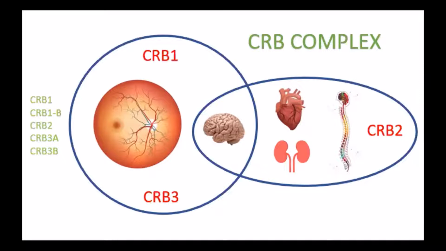Mutations in CRB1 cause visual impairment, as we know, and on the other hand, the CRB2 mutations are also associated with ventriculomegaly, hydrocephalus, and renal disease, ranging from focal segmental glomerulosclerosis to congenital nephrosis. The CRB3 has not yet been associated with human disease.